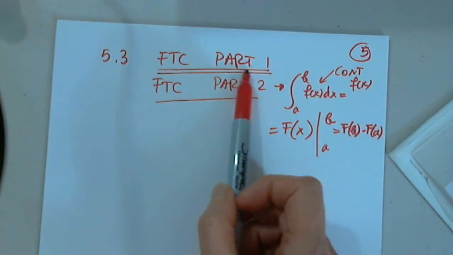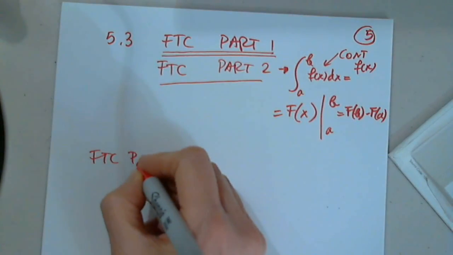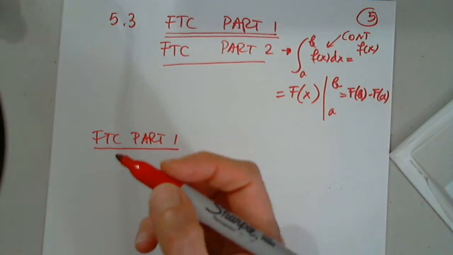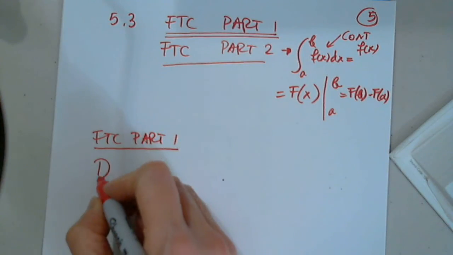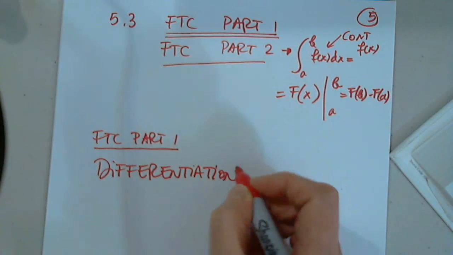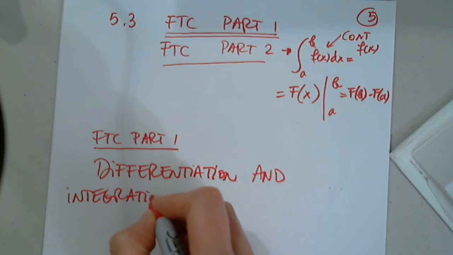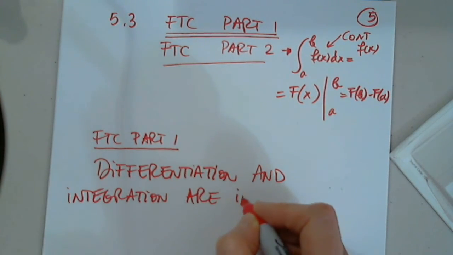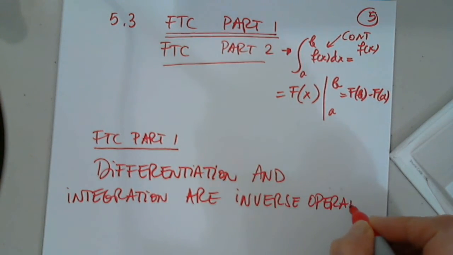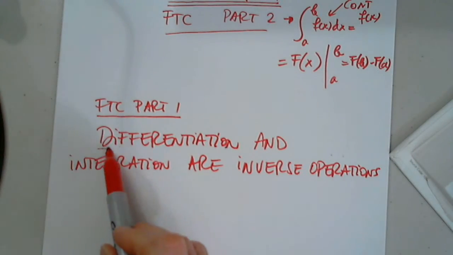Okay, what is Part 1 all about? FTC Part 1 is showing us, proving to us that differentiation and integration are inverse operations.